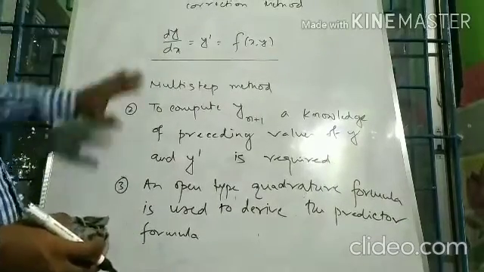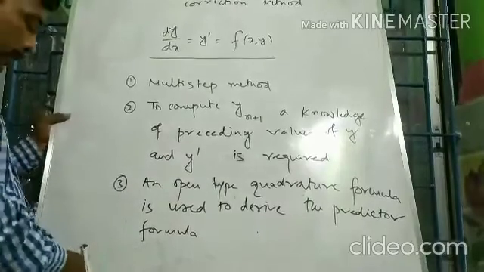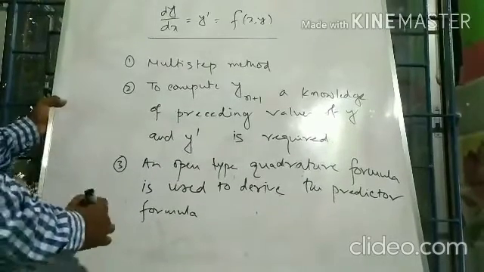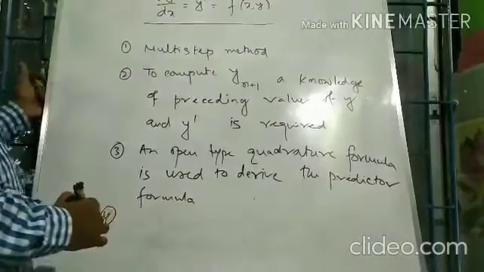For Milne's predictor formula, we use an open type quadrature formula, and for the corrector formula, a closed type quadrature formula is used.